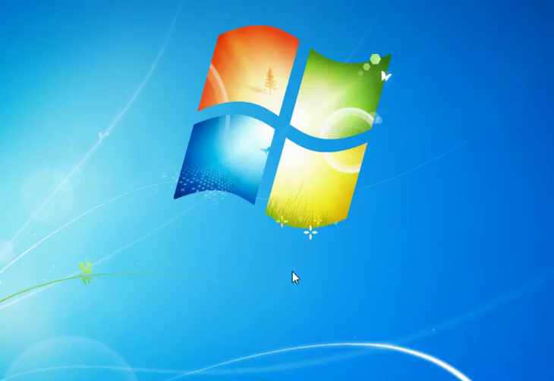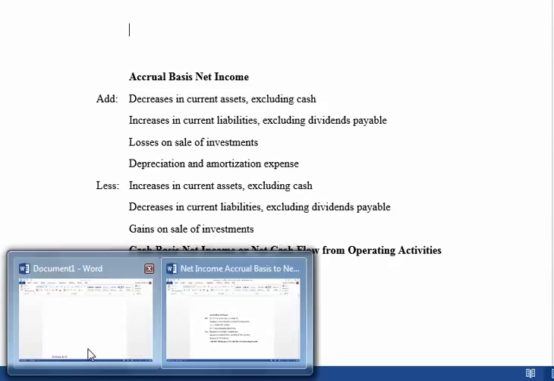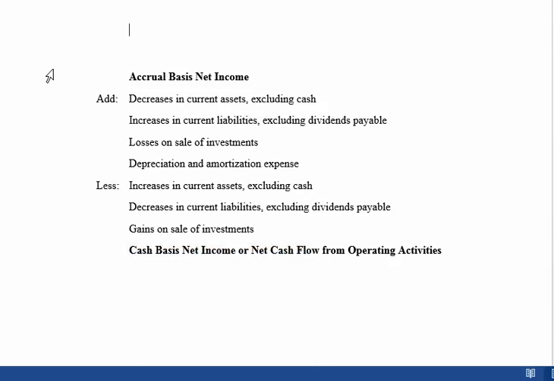Okay, so our starting point would be net income. Let's look back at the notes that we put up in chapter 2. In the net cash flows from operating activities section of the statement of cash flows, when we use the indirect method, our starting point is net income. We want to add decreases in current assets, excluding cash.